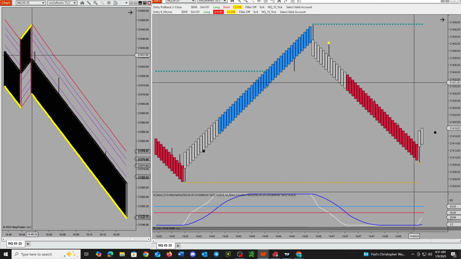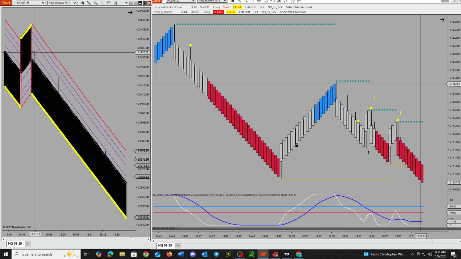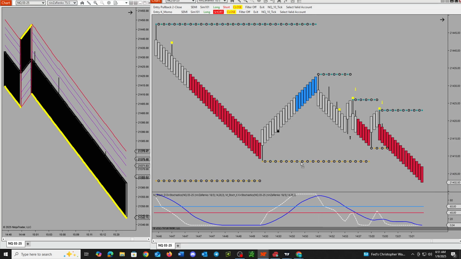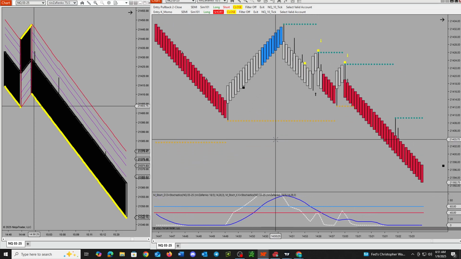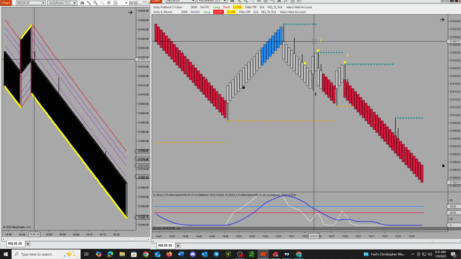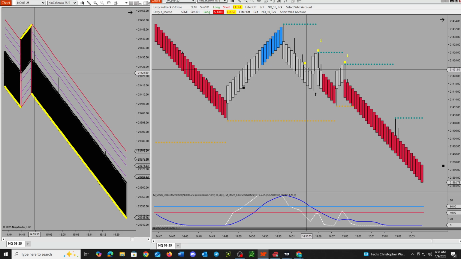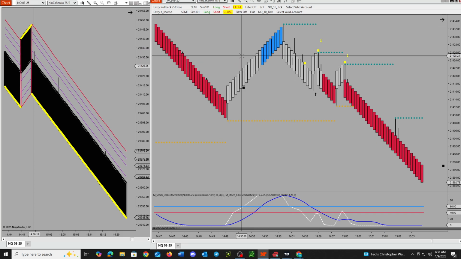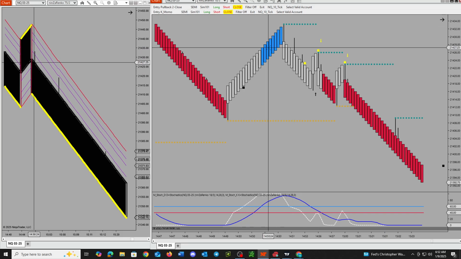I mean, this is, where is that? That's a beautiful one, here's a good one that really takes a while to play out. I wouldn't have been stopped out here. My stop would have been up in here with this thing. So we would have bars.